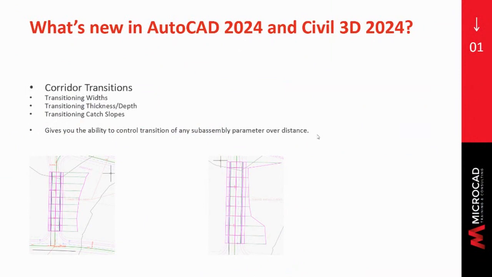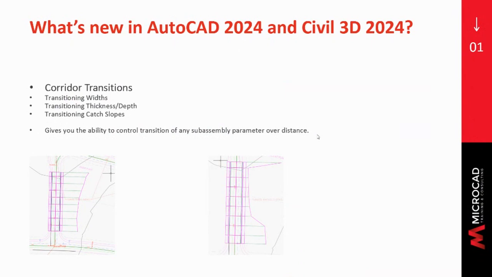Now, many of you are probably already familiar with how to do targeting, right, where you could draw another alignment out there or a polyline, and you can have Civil 3D target that for its widths, or in this case, we're going to be adjusting slopes, but we can do lane widths with targeting, etc. Well, now what we can do is we can do those widths if we want. We can do it with this new transition functionality. Don't have to draw any geometry to target.